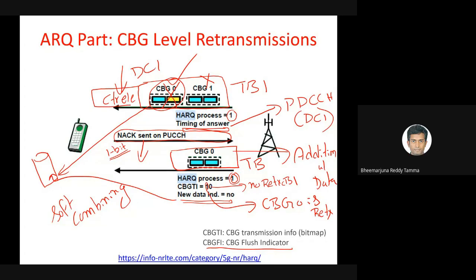Okay, so what I'm asking is, in this example, the base station has sent two code block groups. Out of that, one of them has bit errors. Because of that, the handset is asking the base station to retransmit by sending a negative acknowledgement. Here, the negative acknowledgement is nothing but a one bit flag sent using the physical uplink control channel, which is not error protected.